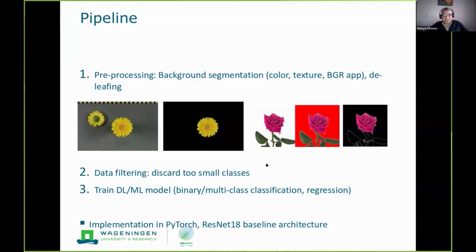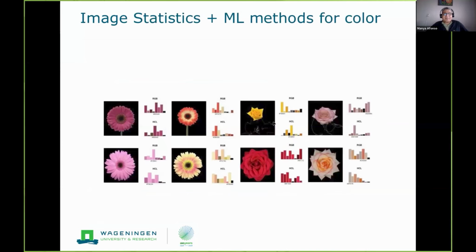And after that, we trained our classifier or regression models based on deep learning or machine learning. And we tried different architectures, but experimentally, we found that ResNet 18 was the best model.